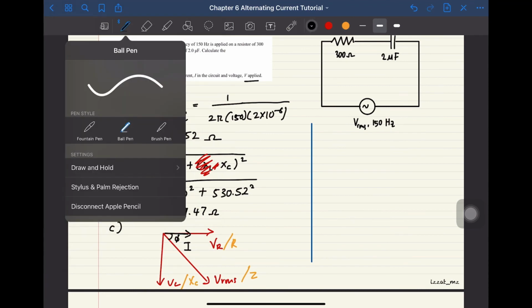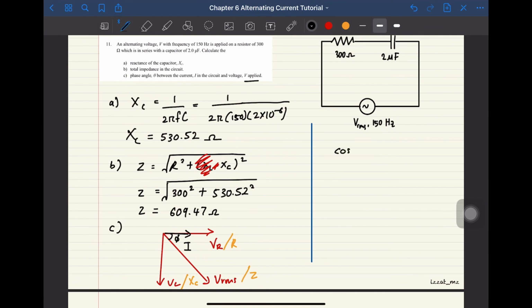Let's see if I use cos. Cos phi is the power factor. You can use sine or tangent, it doesn't matter. It will be R over Z.